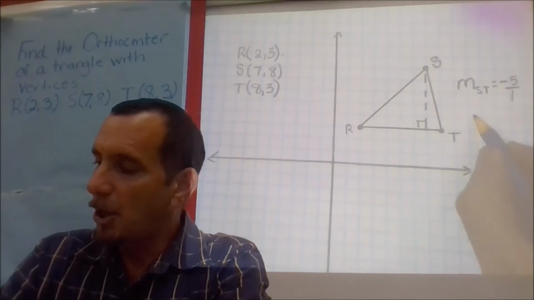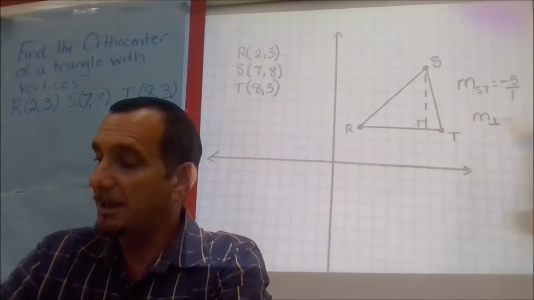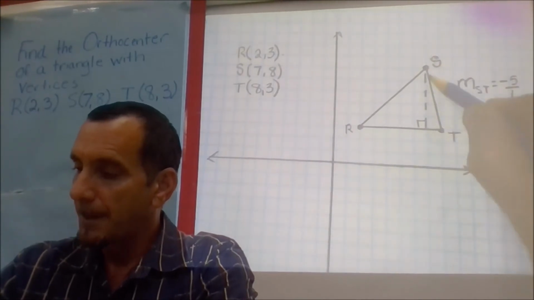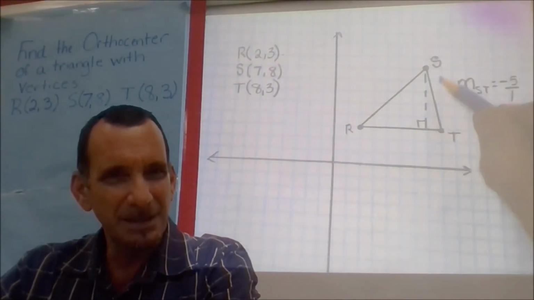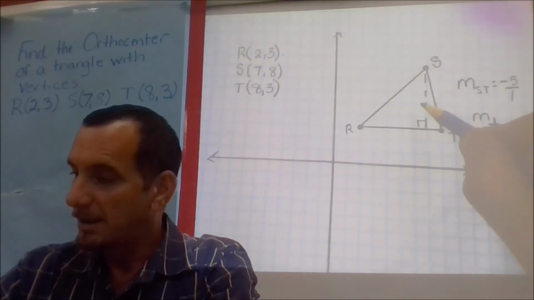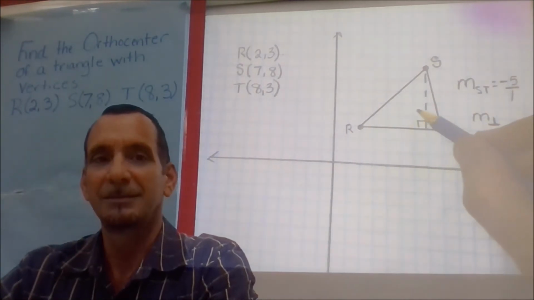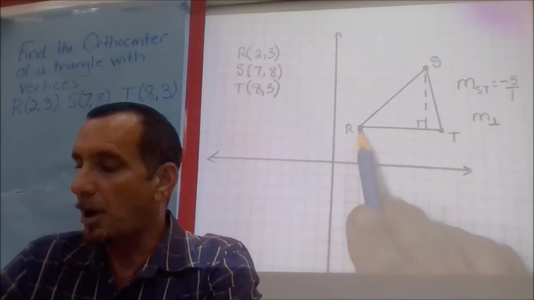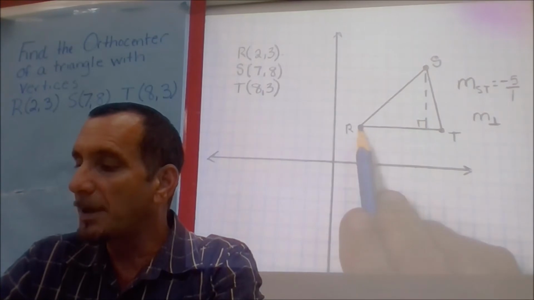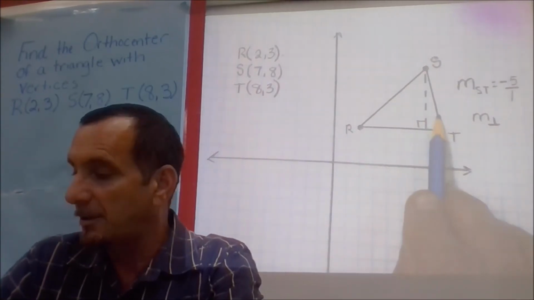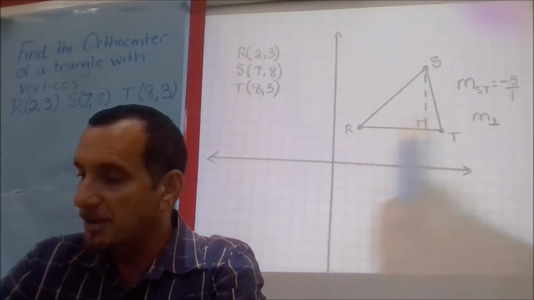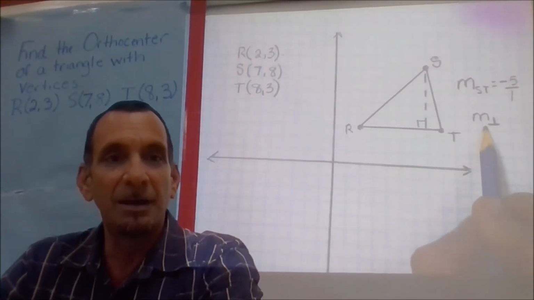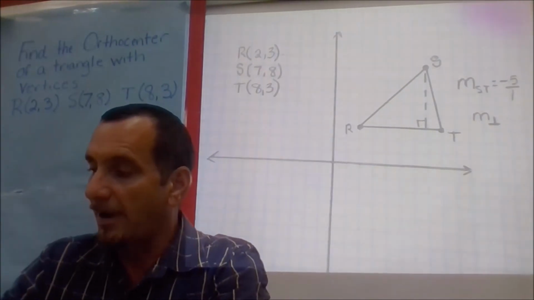So what is the slope of a perpendicular line to ST? Because if we have ST, the vertex that is opposite ST is R. So we want to draw a line from R to ST, but we want it to be perpendicular to ST. So if that altitude is perpendicular to ST, we need the slope of the perpendicular segment to negative 5 over 1.